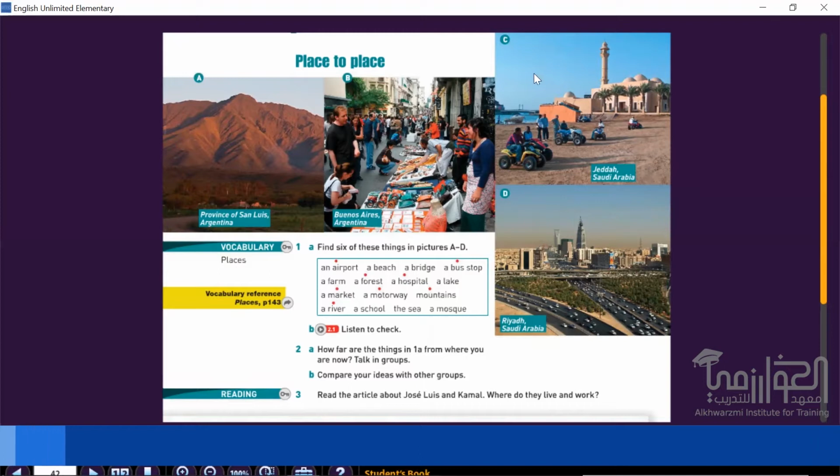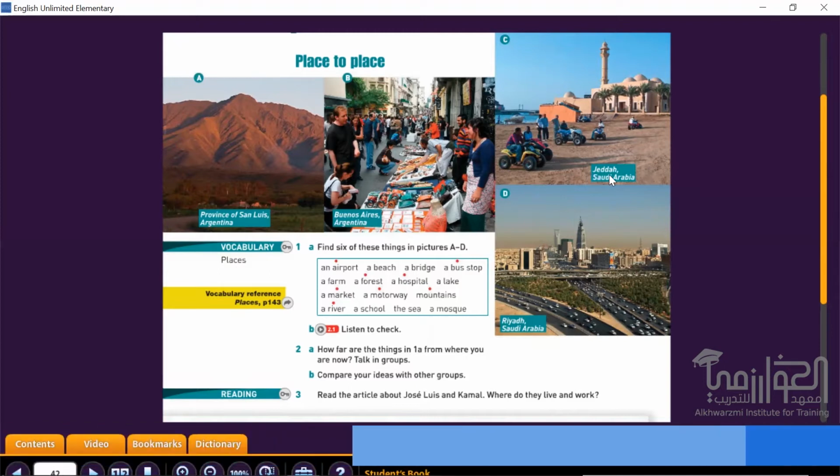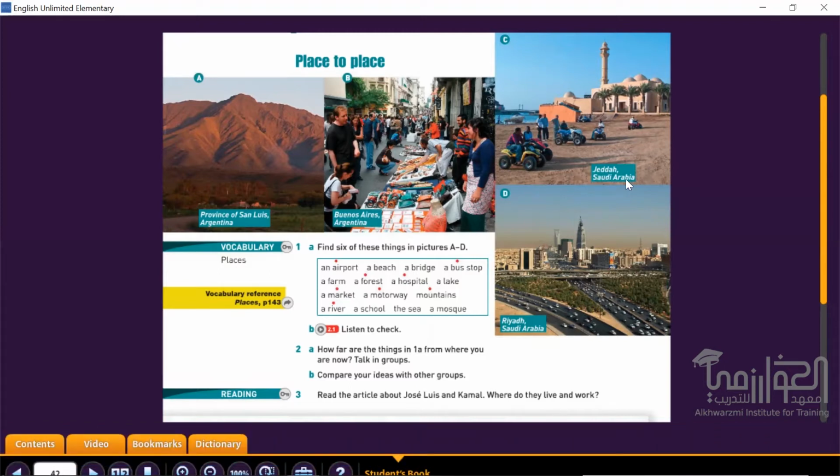And then photo C is Jeddah, Saudi Arabia. And then we have photo D, another city in Saudi Arabia, that is Riyadh, the capital of Saudi Arabia. I want you to find 6 of these things in pictures A to D.